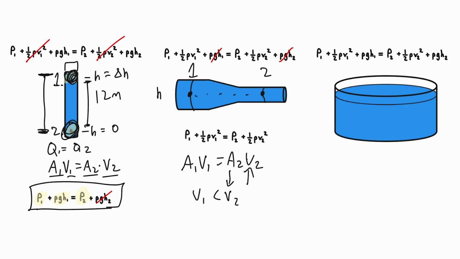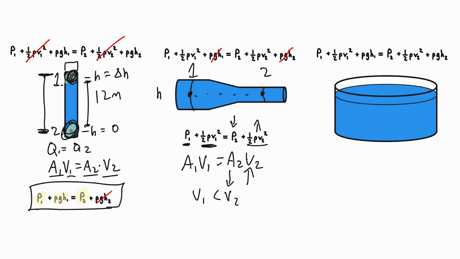What that allows us to see is that since the velocity over here is greater, this entire term is going to be greater. And if the kinetic energy term on the right side is larger than its counterpart on the left side, then the pressure term on the right side must be smaller than the pressure term on the left side. So this proves that when comparing 2 points of a liquid that are at the same height, if the velocity increases, the pressure must decrease.